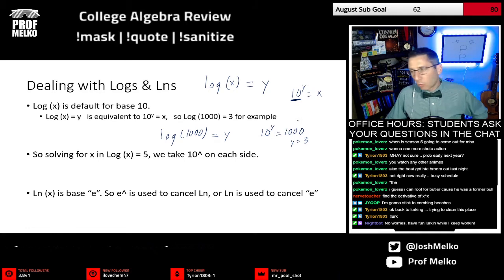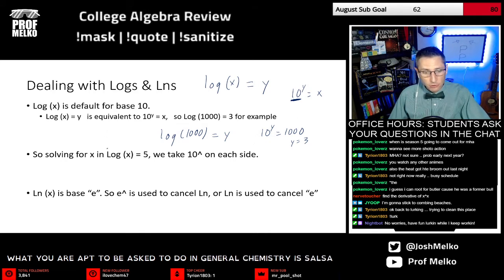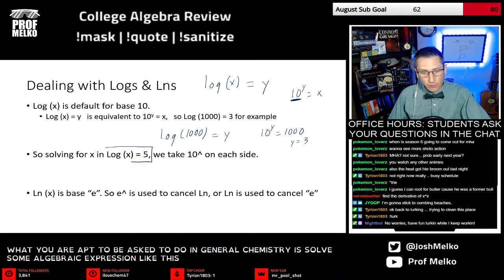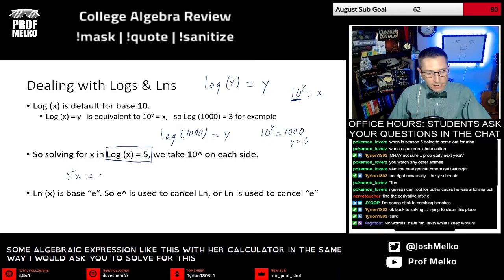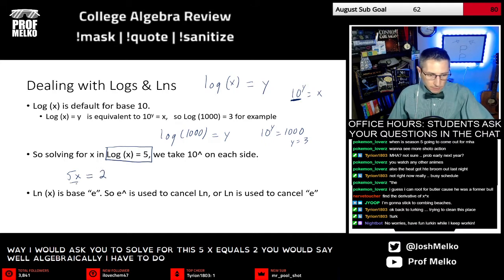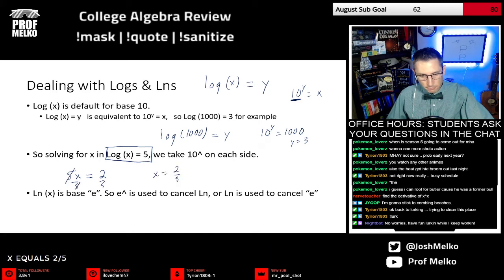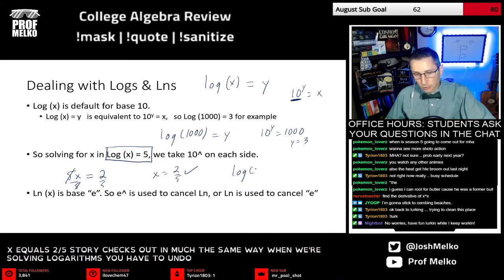Now, what you're apt to be asked to do in general chemistry is solve some algebraic expression like this with your calculator. In the same way I would ask you to solve for 5x equals 2, you would say, well, algebraically, I have to divide both sides by 5. Yep, x equals 2/5. Story checks out. In much the same way when we're solving logarithms, you have to undo the log.